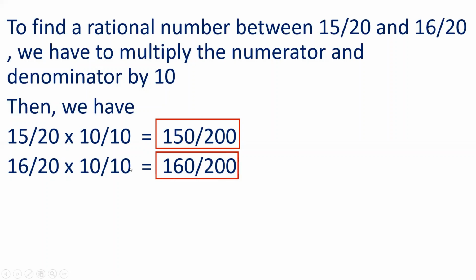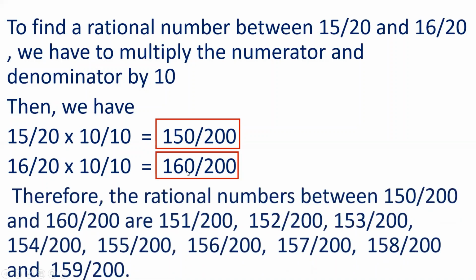Now here you know that between 150 and 160 there are 9 more numbers which we can write. So ultimately our answer, the rational numbers between the given two numbers, are 151 upon 200, 152 upon 200 and so on till 159 upon 200.